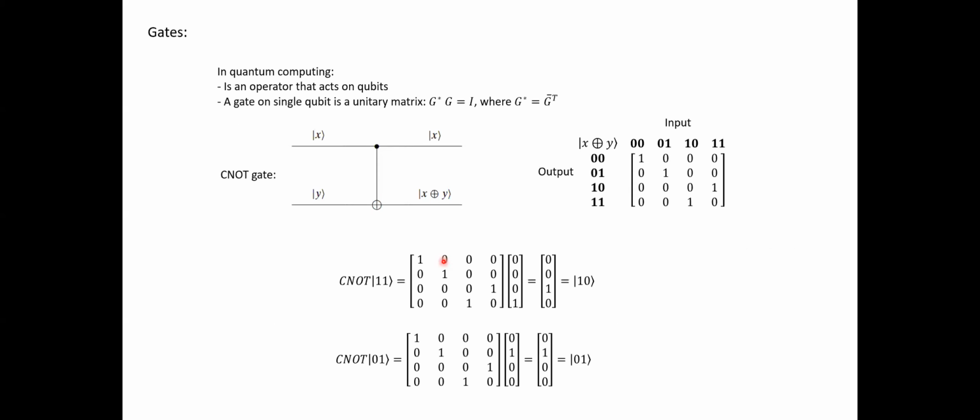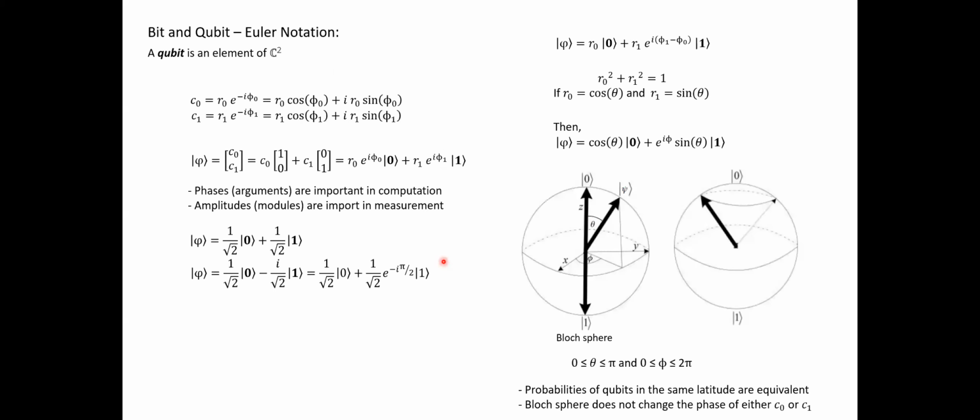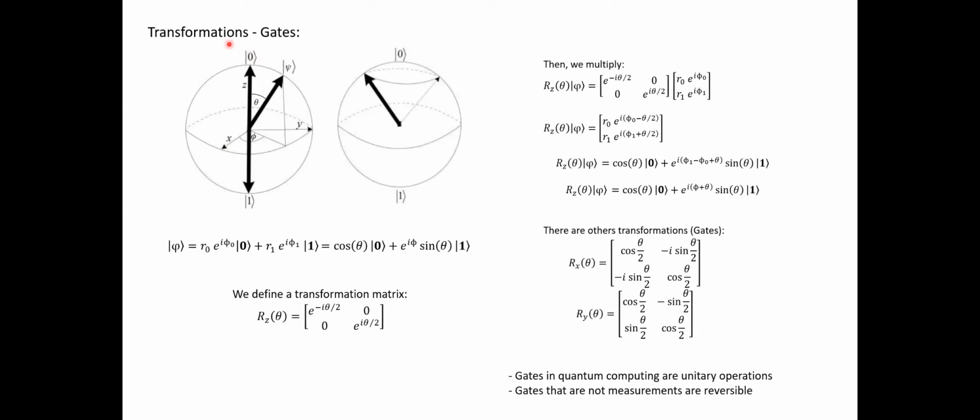Of course, there are other gates that can also introduce superposition. If I start with a qubit in state 0, it's just moving that qubit to anywhere on this sphere with any angle of theta. I'm sorry, theta.